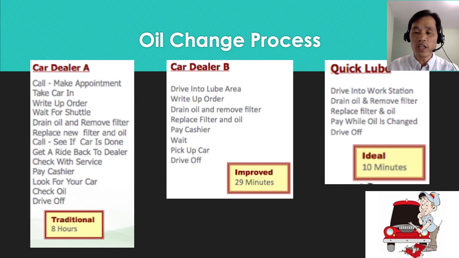Or they can pay beforehand, right? Of course, the dealer should be able to charge a higher premium for the speedy service. After eliminating all the non-value-adding tasks, the dealer is more efficient and positioned to charge a higher price to the customer. So here's another example of oil change process mapping and improvement.